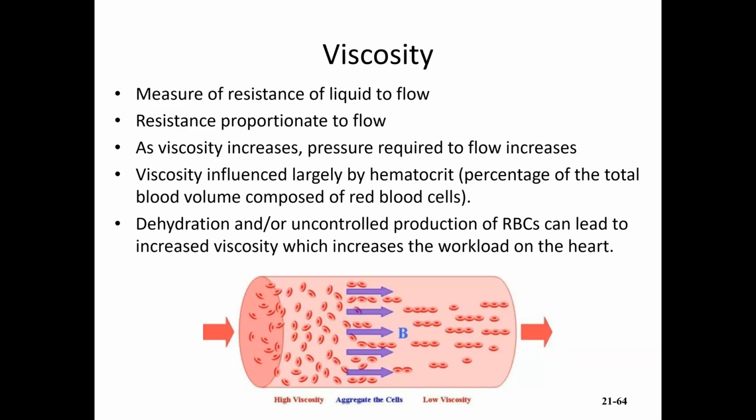And anytime we're dehydrated or have an uncontrollable production of our red blood cells, that can lead to an increase in our viscosity from being at the normal level of about 45% to, let's say, for example, 60%. And that means we have a viscosity of about 6 times more compared to water, which is going to increase the workload on our heart, and that can lead to heart failure.